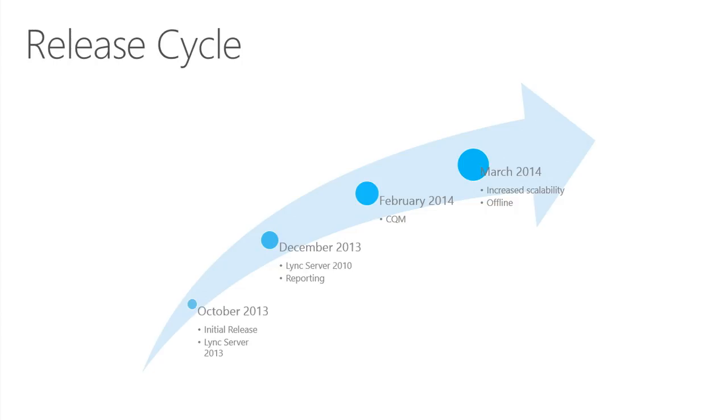This week, Sunday, was our release of CQM, so we now have all that CQM data as a section in that report, as well as the CQM report. What's coming next is our scale. Today we support 50 servers and 50,000 users. We're going to scale that up to 85 servers and 150,000 users as our supported environment.